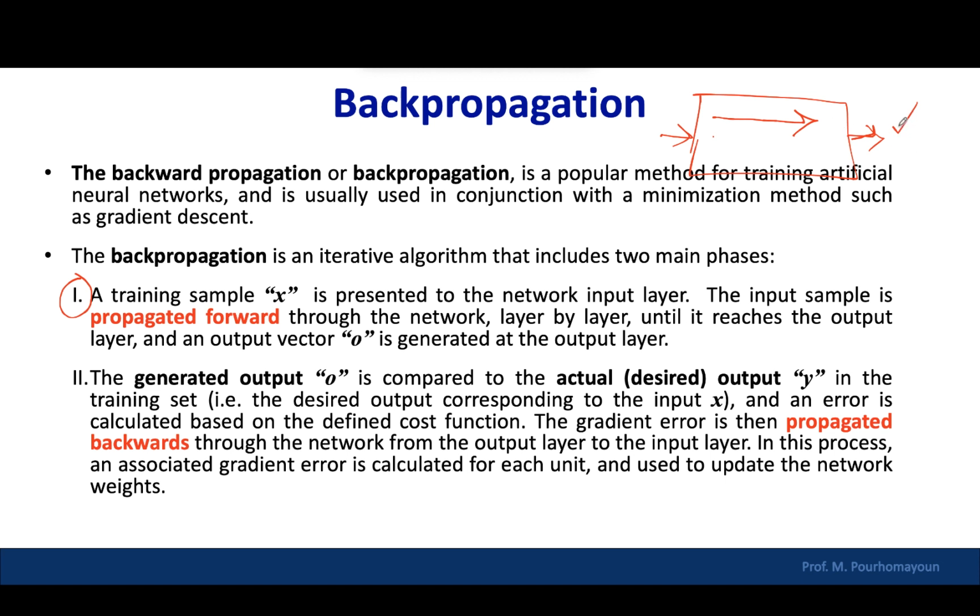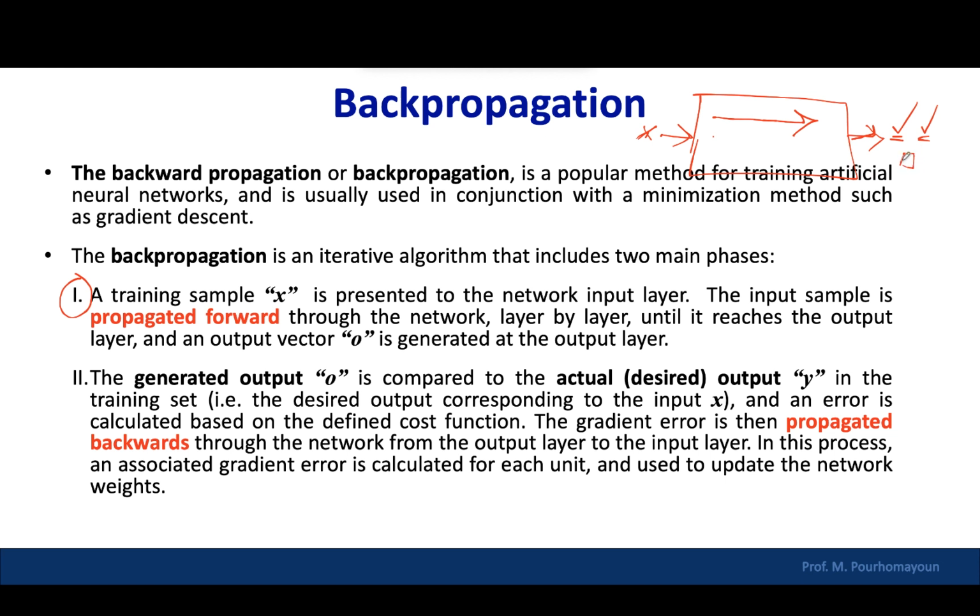And then when you create that output based on this input data and those random weights, you compare this output that you just created with the actual output. Because this is training data, this is supervised learning, so I know the actual, desired output. You compare this created output with the desired output, and of course the error will be very high at the beginning because I used completely random weights.